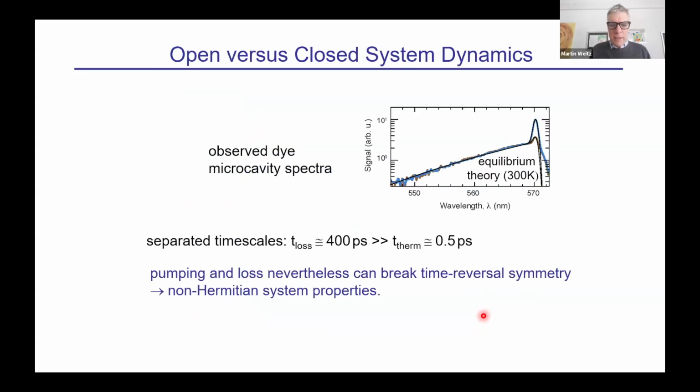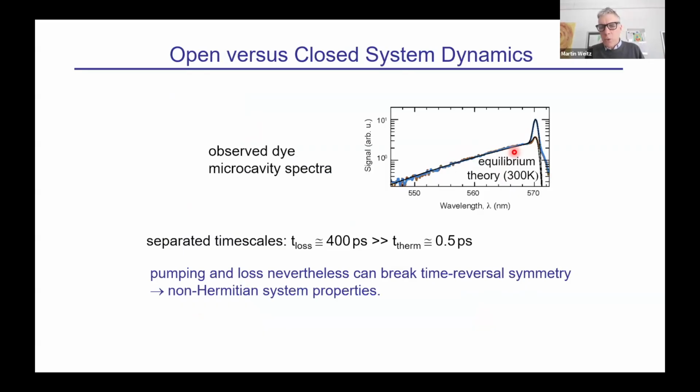And first to point out that this is at relatively weak loss. So what you see here are observed microcavity spectra. The solid colored lines are experimental data, and the black line is equilibrium theory at room temperature.